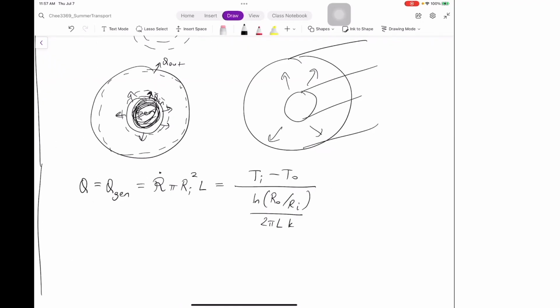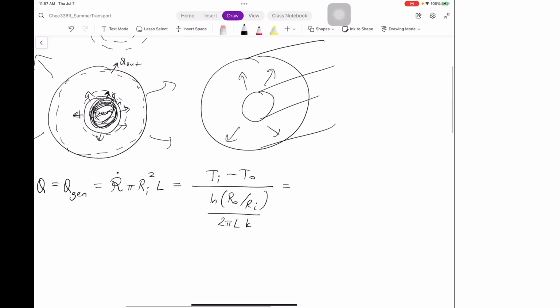And that's also equal to whatever is being lost from the outside, which is equal to h times the area, 2 pi R out L, times T out minus T infinity.